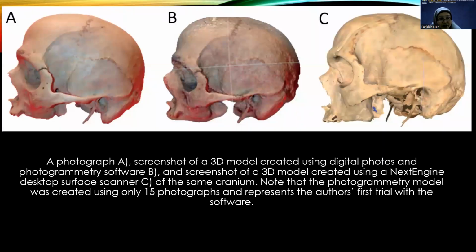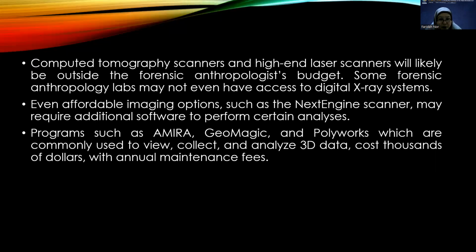Photograph A is a screenshot using digital photos and photogrammetry software, and this one is using a NextEngine desktop surface scanner, while this is the original cranium, and you can see that they are quite similar to the original. Forensic anthropologists might have difficulty buying expensive equipment like CT scanners and high-end laser scanners.